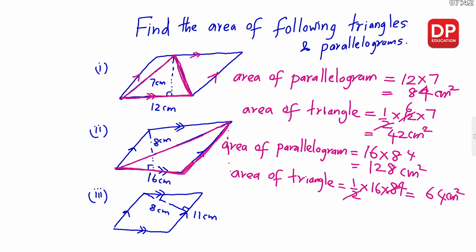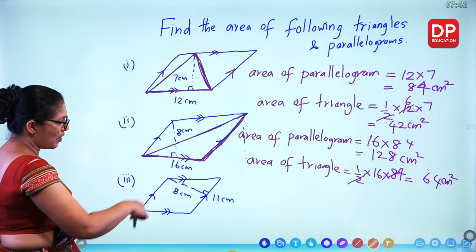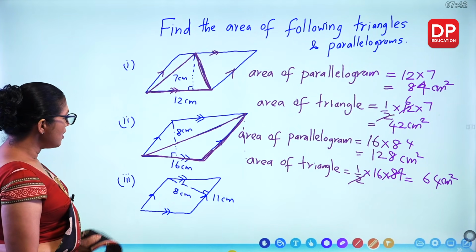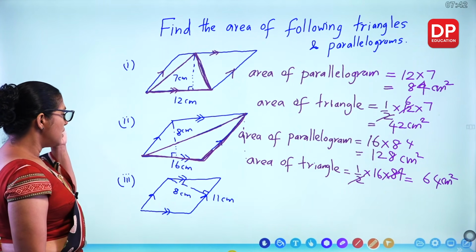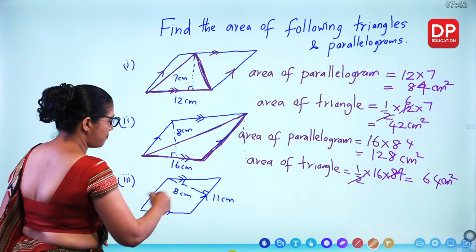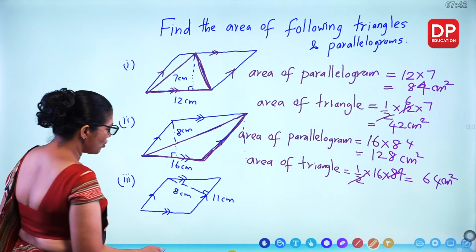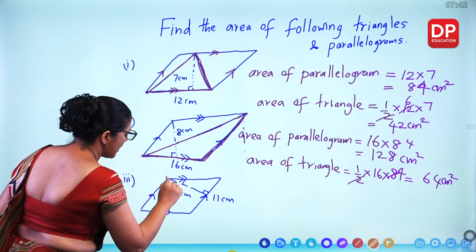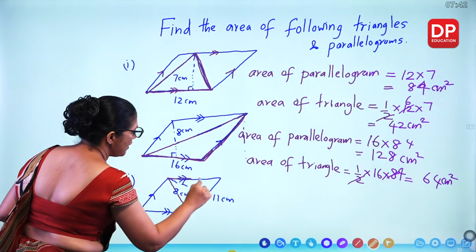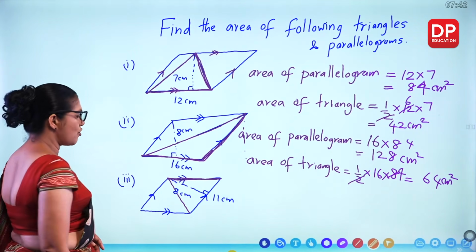Again we see double of 64 is 128. Now what about this one? You are given a parallelogram and I'll draw another line here. I want to find the area of this triangle.